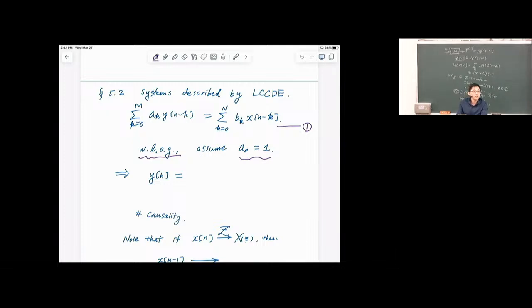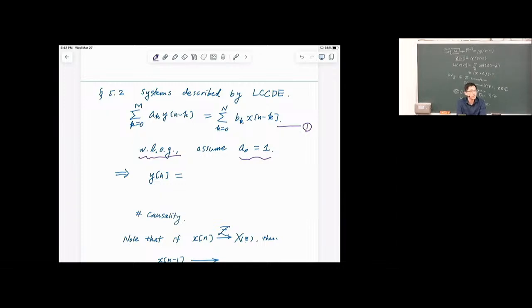Because if it is not 1, then just divide everything by A0, so it becomes 1. Is that clear? Even if A0 is not 1, just divide all the coefficients by A0. It's still the same equation.